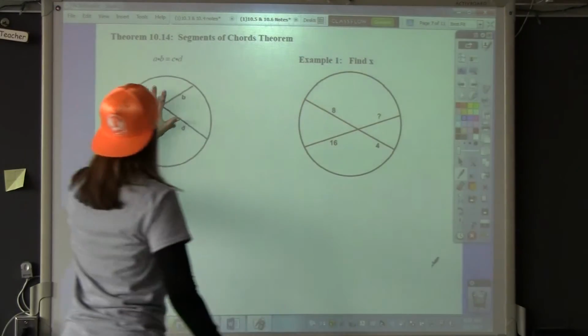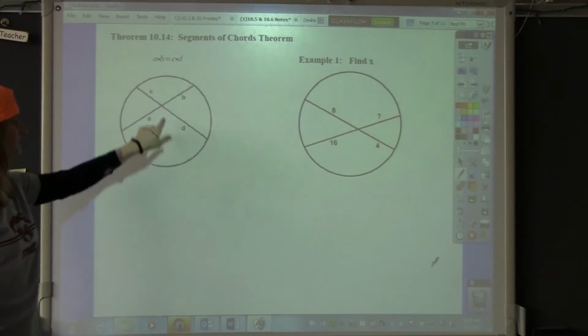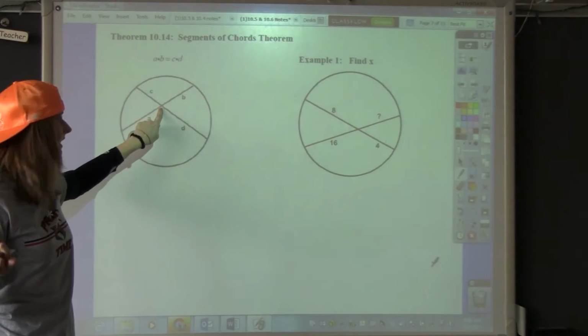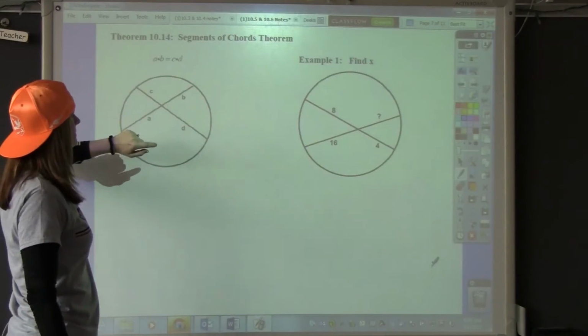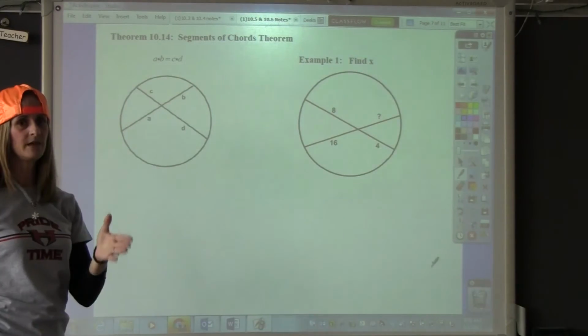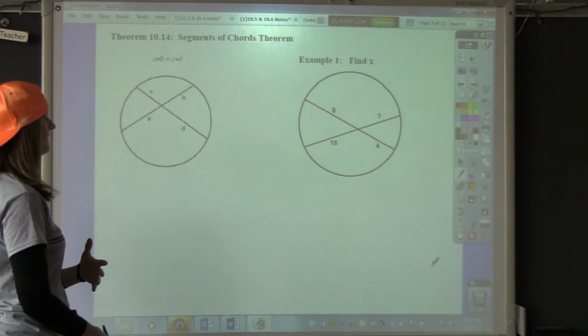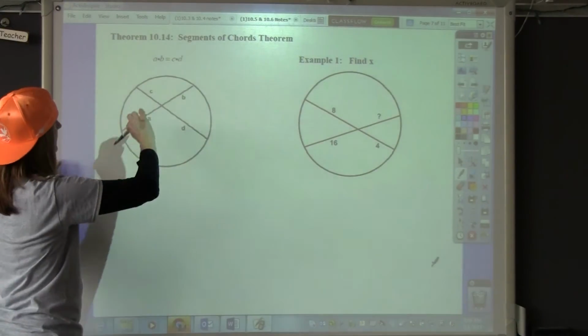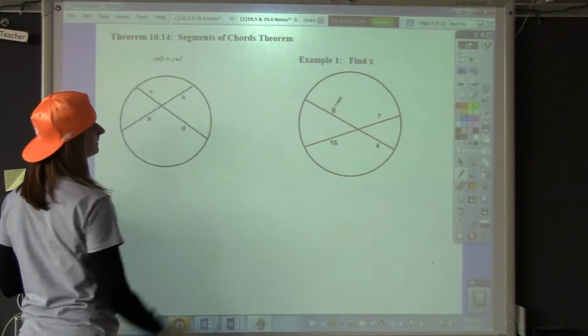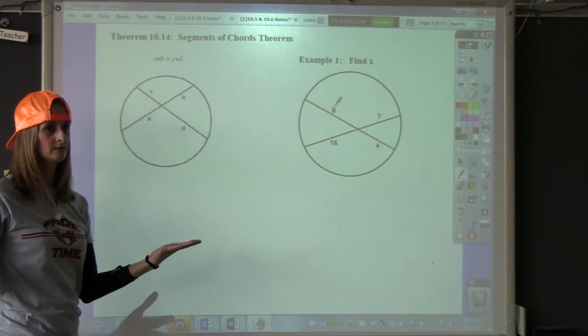So here we've got two chords. Notice this is not the center of the circle, it's just two random chords. Okay? So this is just something else we have to memorize. When you multiply the lengths of segments, they equal each other. So A times B equals C times D. That's it.